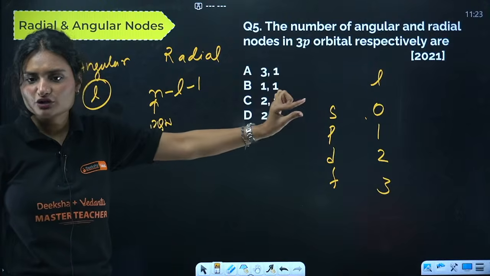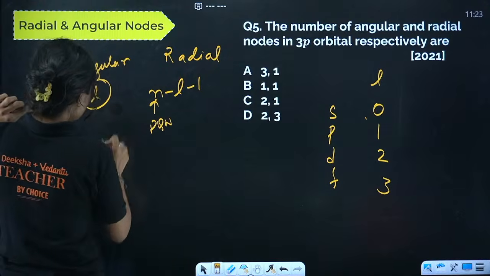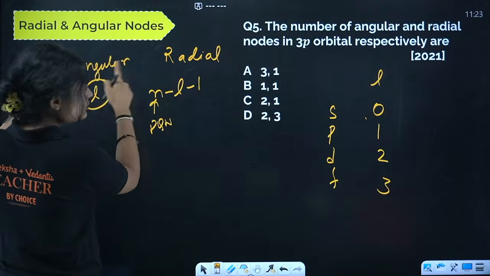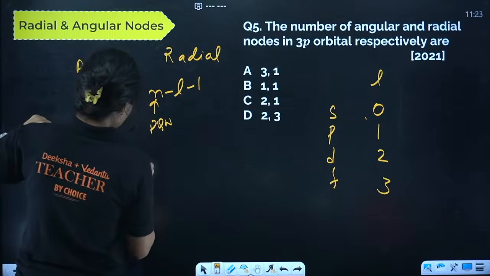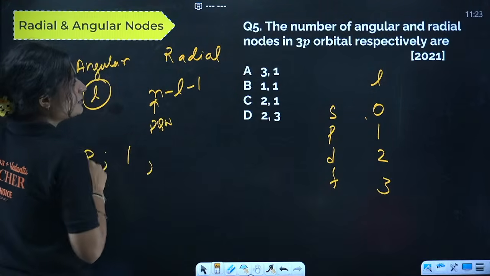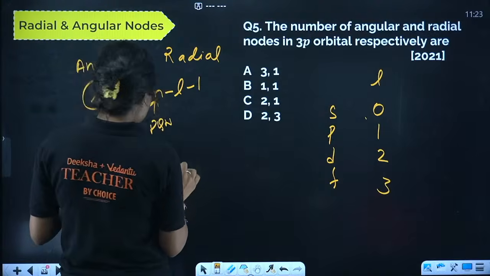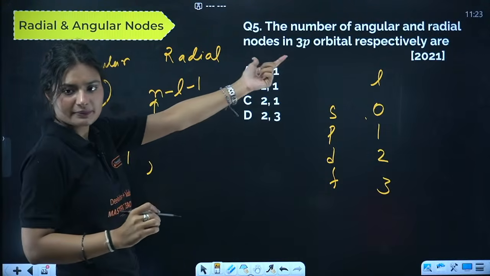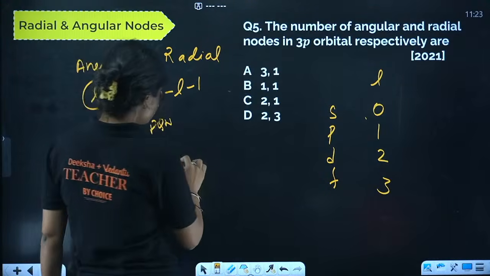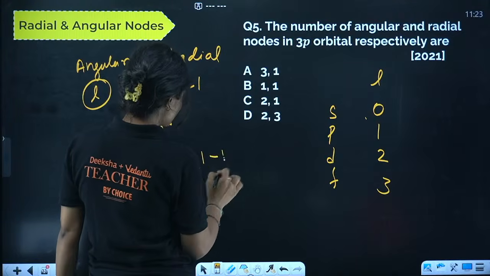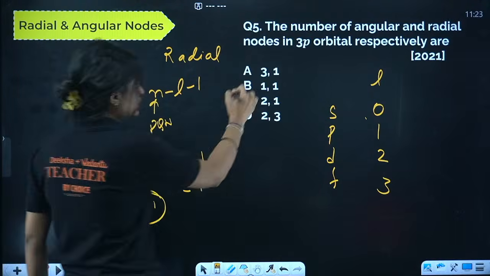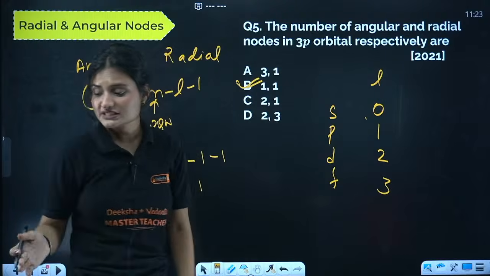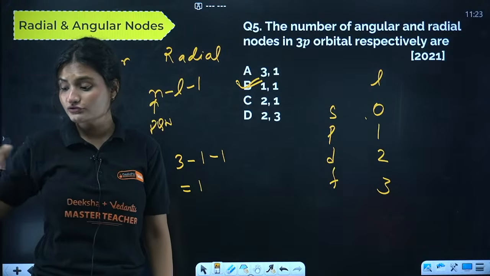So for 3p, the angular node will be 1. What about the radial node? The principal quantum number is 3, so 3 minus 1 minus 1, which is again 1. So the answer is 1, 1, option B. And almost all of you answered B.